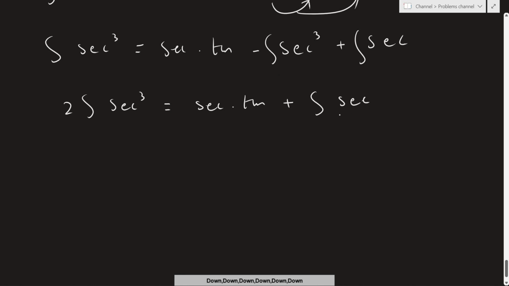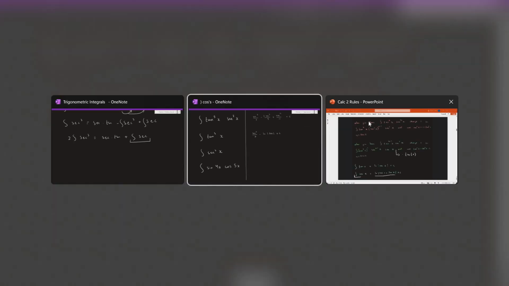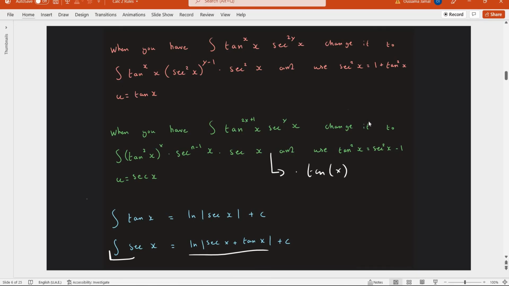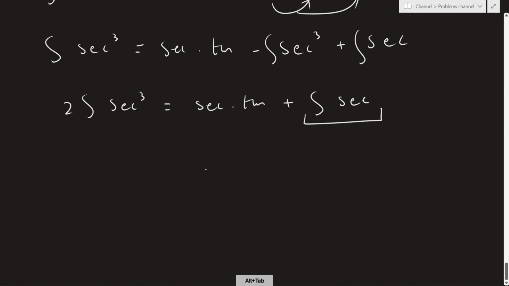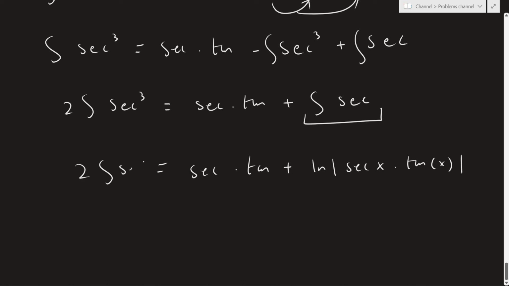Alright, so let's perform the integration of secant. In order to do that, we have to check the PowerPoint, which is in the description again. Okay, so the integration of secant is ln secant x plus tan x plus c. So let's change it here: secant times tan plus ln secant x plus tan x. Okay, so now we have 2 integration of secant cubed, but the question wants only secant cubed.